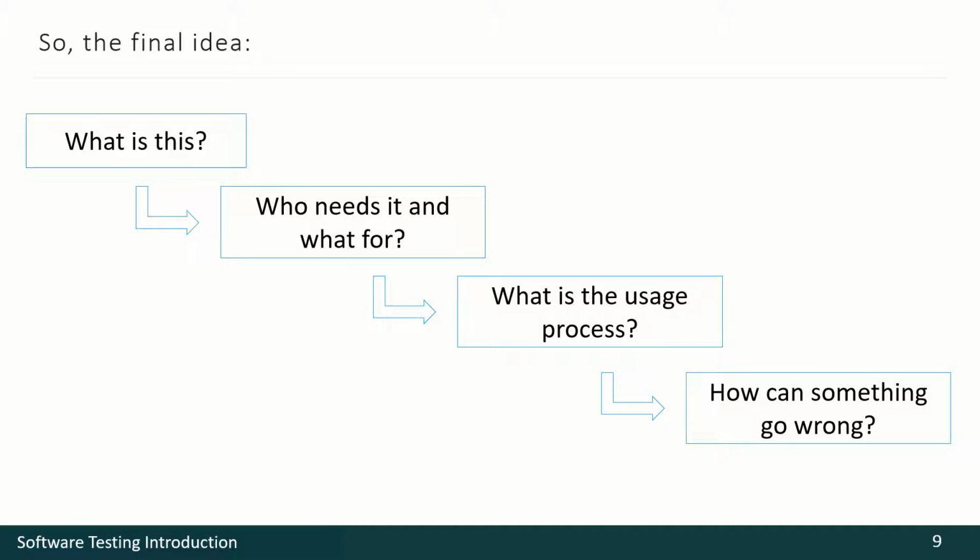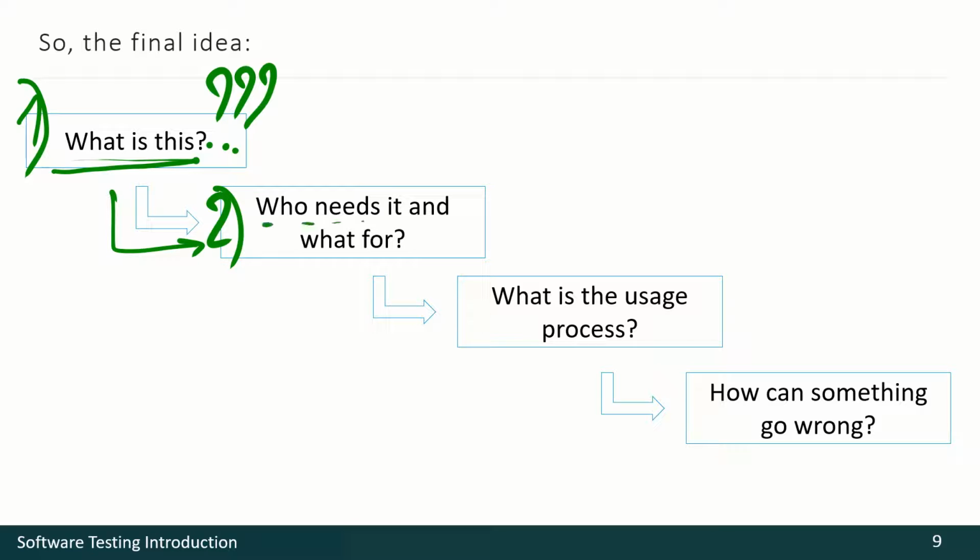So here are those 4 promised questions. When we begin testing something, we should know what is this, what do we test, because sometimes we test some strange component or system, so we have to understand it. Once we understand it, the second question is who needs that and what for.